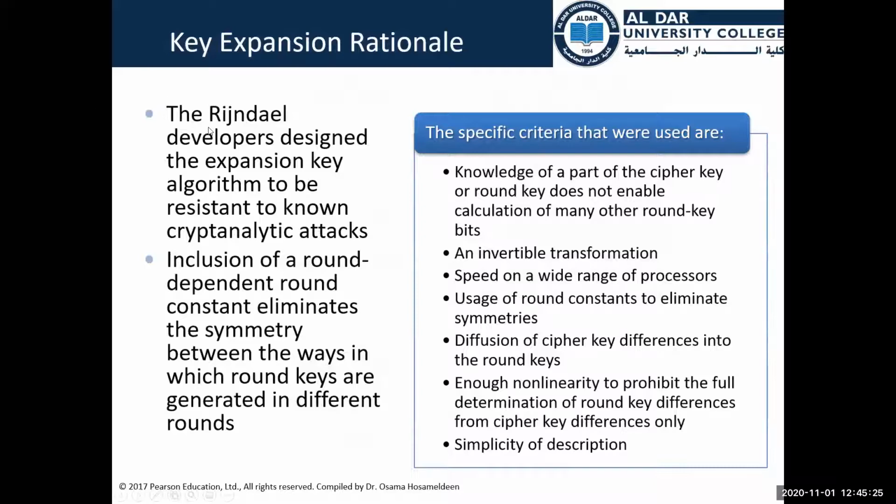Also Rijndael, who developed all these algorithms, designed the key expansion to be resistant to any cryptanalytic attack. So he thought about how to protect the algorithm using the key. The key is important, as you know. If somebody knows the key, he will be able to get the data.